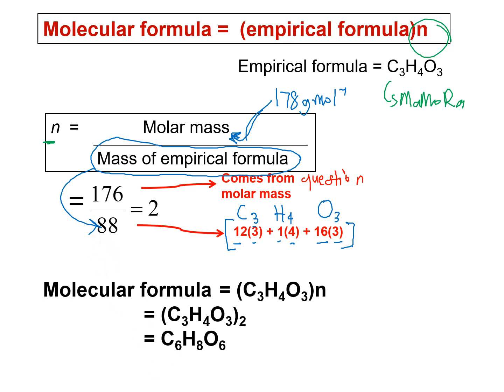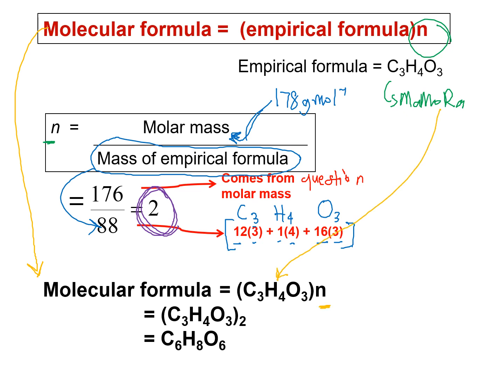Alright? So, now you know that the value of N is 2. Then, we take back the equation above and insert the information you know. You know, molecular formula is equal to empirical formula times N, right?